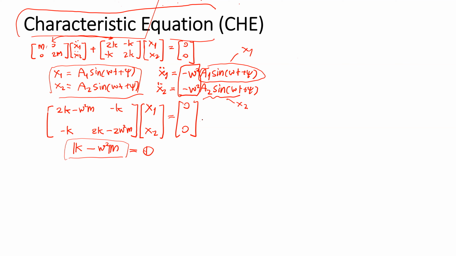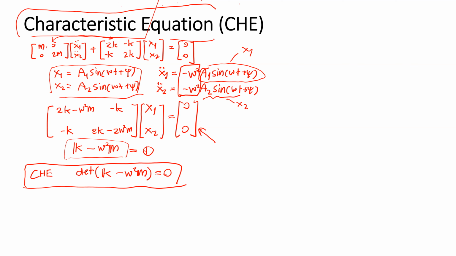The characteristic equation is the determinant of this matrix. The determinant of this matrix is equal to 0. This will always make this equation become true. So yeah, the characteristic equation is this one.